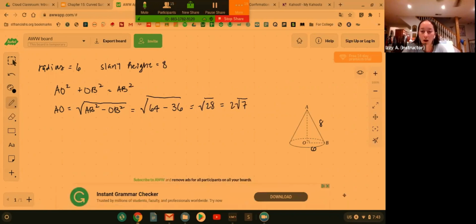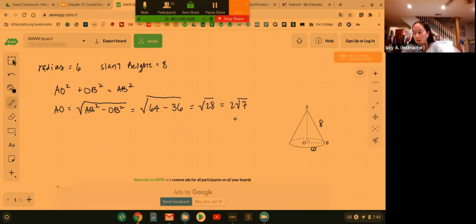And then now that we know what the height is, all we have to do is just plug it in to the volume formula, which is pi r squared times height, and I'll just put the 1/3 out in front.